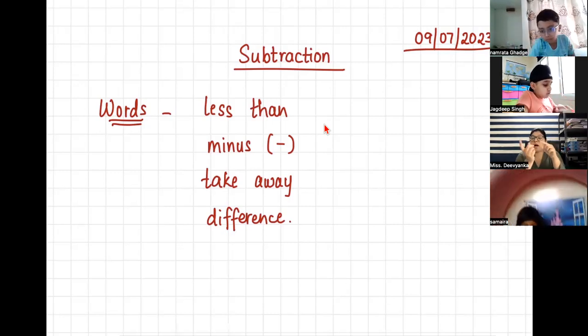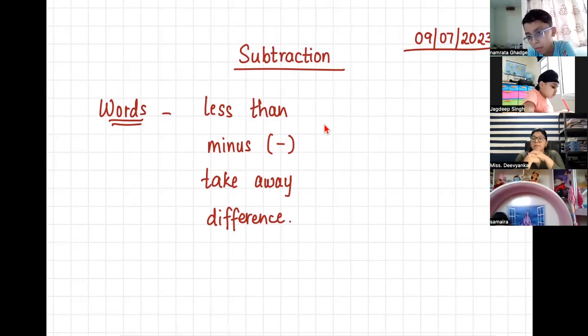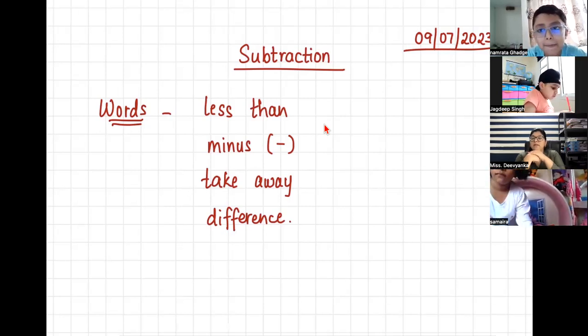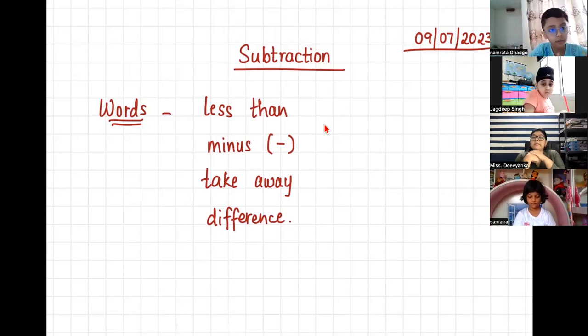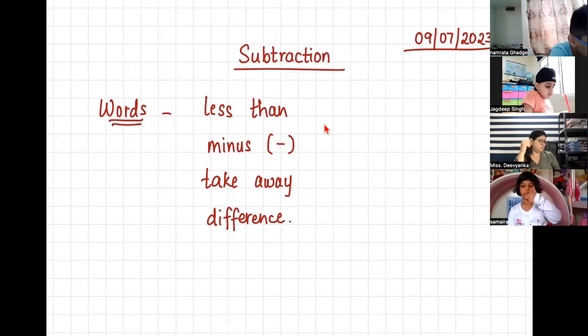It can be done counting backwards, right? So there are various different methods of doing subtraction. Let's look at each one of them, understand it, and then we will be solving some questions based on it. Is that clear with everyone?